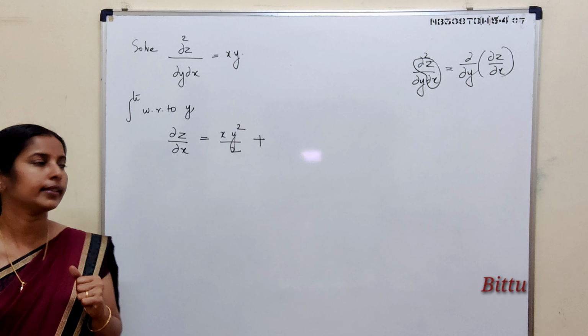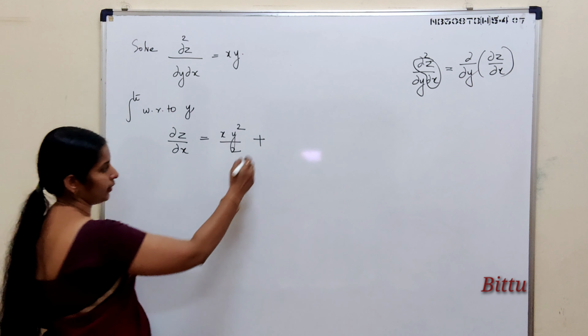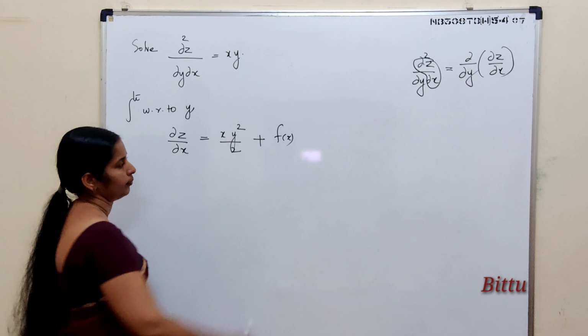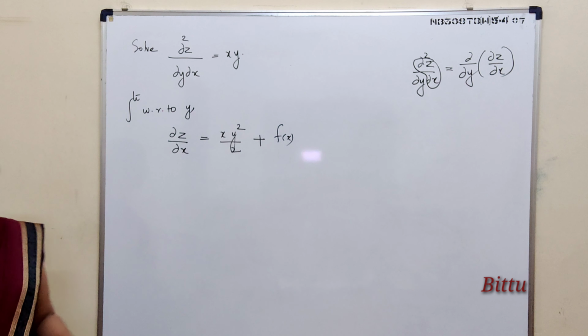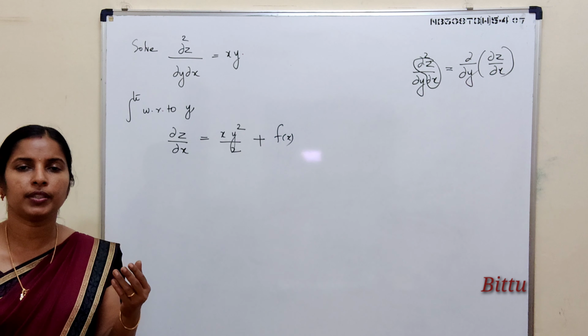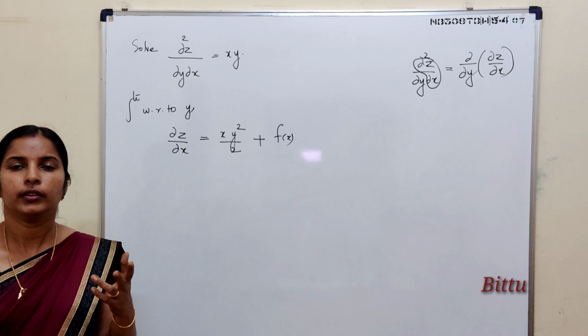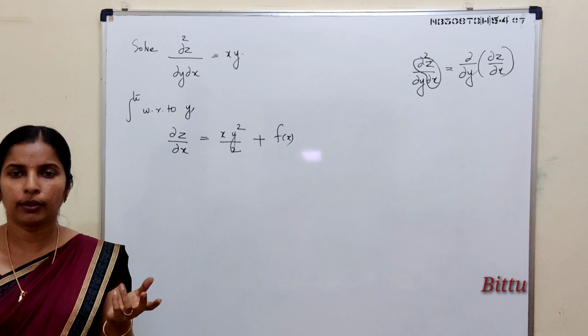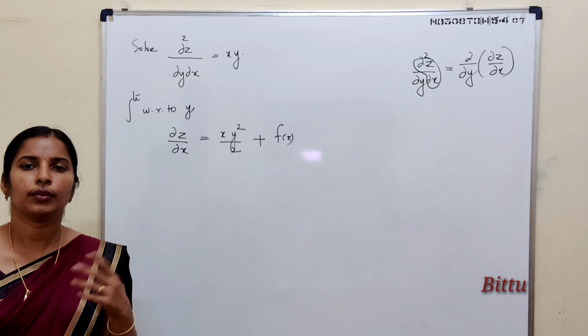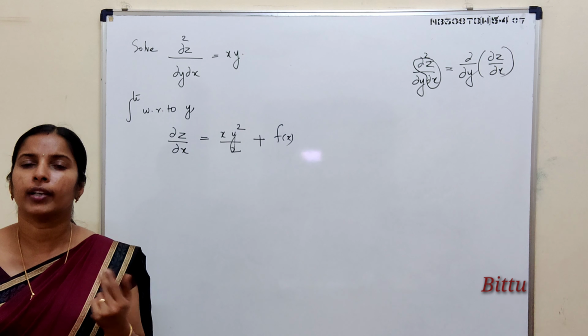So the constant is a function of x, let it be f(x). We don't know which function of x, so we denote it by a function of x.